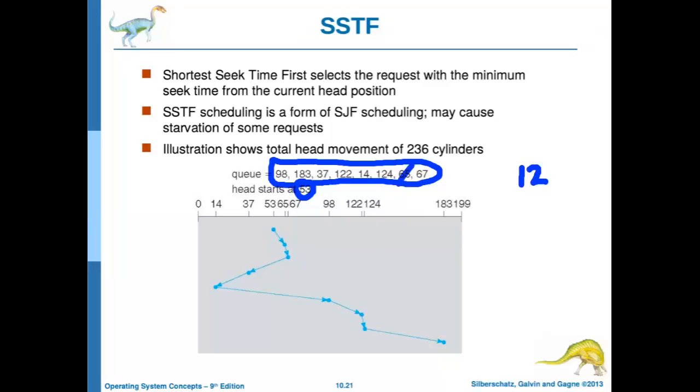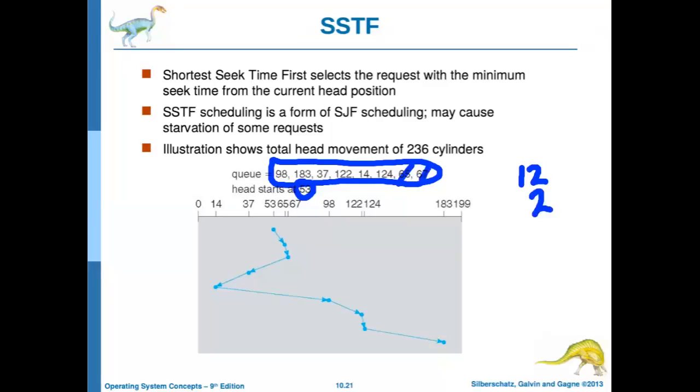So this is kind of a shortest job first scheduling, and we are already aware this may cause a problem of starvation if new requests are always coming in. Okay, so next, definitely the nearest to 65 is 67. So 67 will be served with total movement of 2.